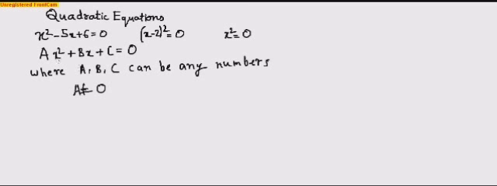Why? Because if a is equal to 0, the degree of this equation will reduce from 2 and will become 1 or 0 depending on the value of b and c. Suppose a equal to 0, then this equation becomes bx plus c and the degree 2 doesn't stay true anymore. That's why we just have a condition on a, that is a not equal to 0. Other than that, a, b and c can be any numbers. So that's how we define a quadratic equation.